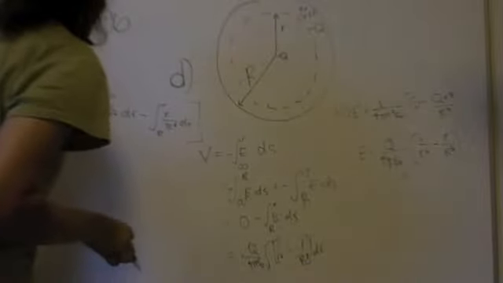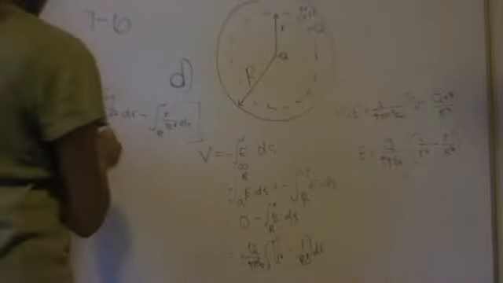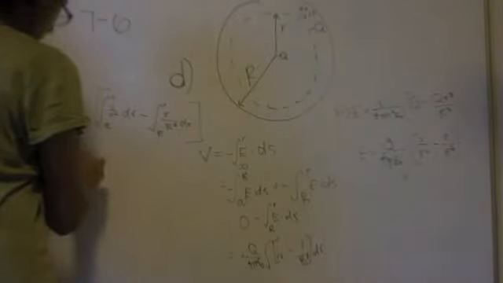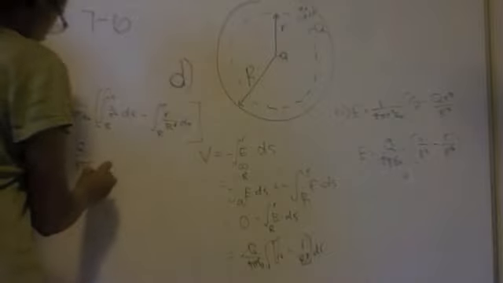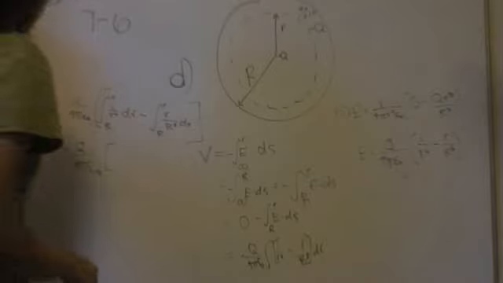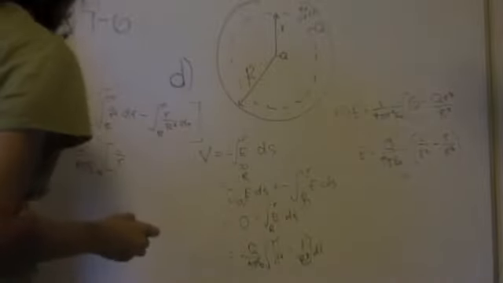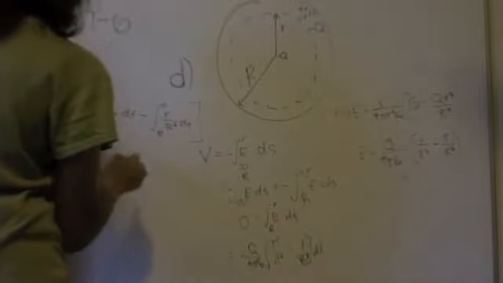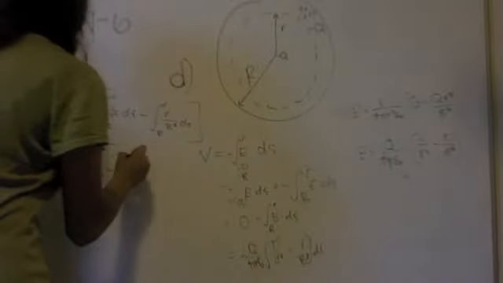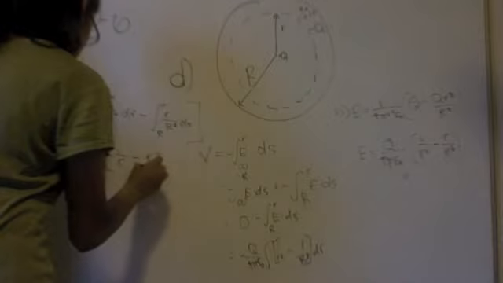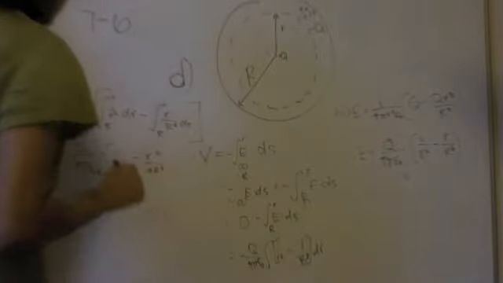As a result of this, you get negative Q over 4 pi epsilon naught times, so the result of this integral is negative 1 over r, and the result of this integral is equal to r squared over 2 R cubed.